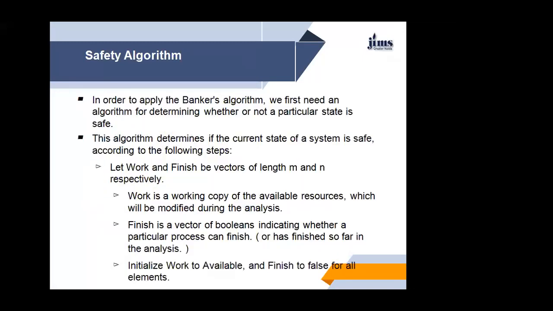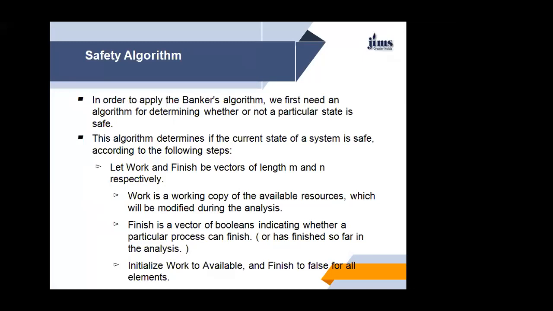Now, first is the safety algorithm. In order to apply the Banker's algorithm, we first need an algorithm for determining whether or not a particular state is safe. We have already discussed when a state will be safe. Let Work and Finish be vectors of length m and n respectively.